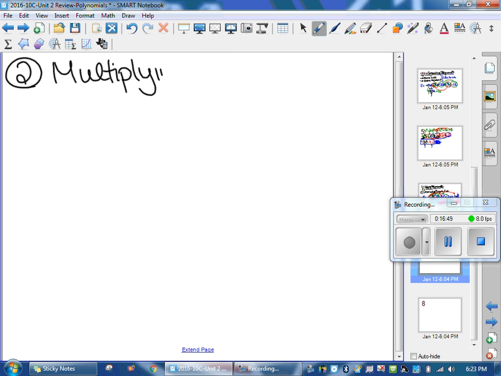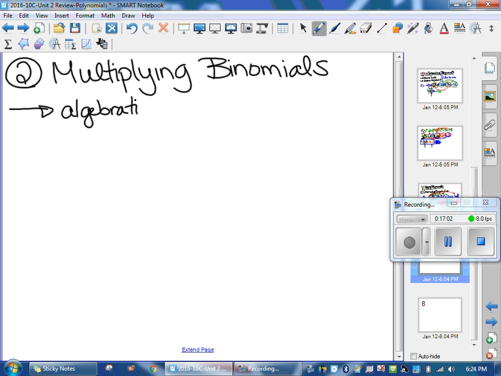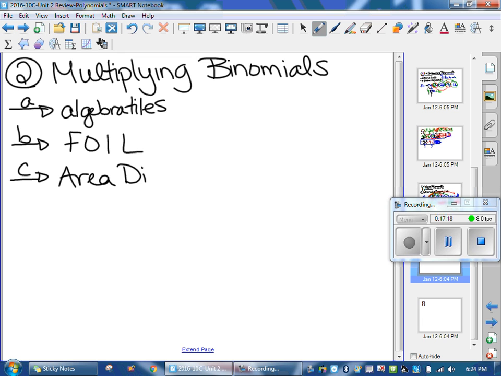And there's multiple different ways we can do it. A, we can use algebra tiles. B, we can use FOIL. And lastly, the area diagram, which we so fondly in class call the box.